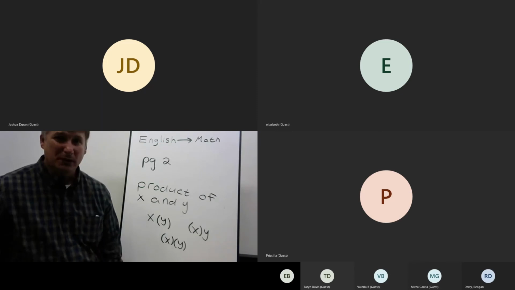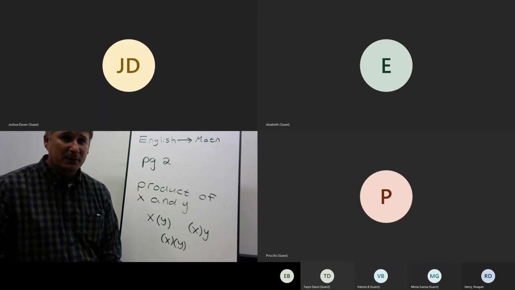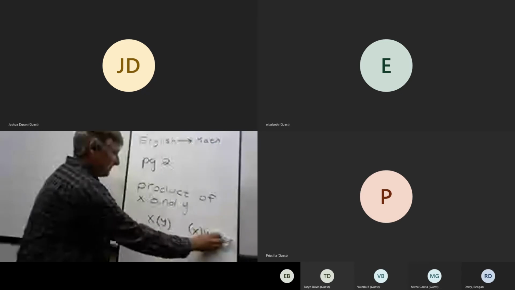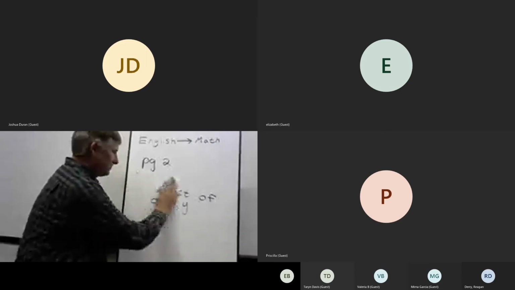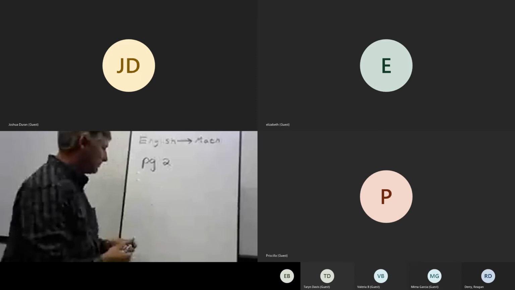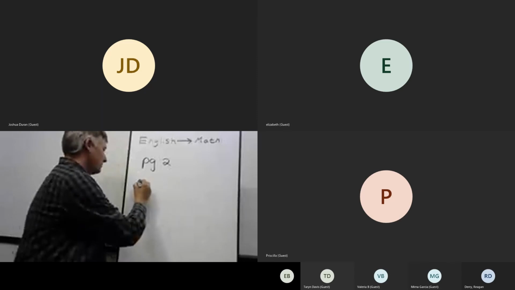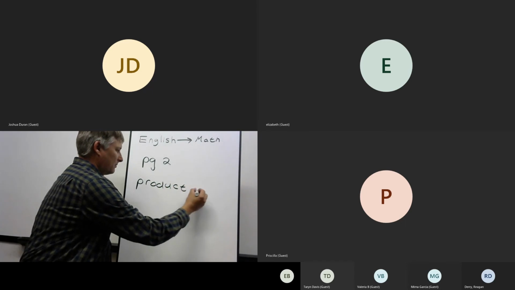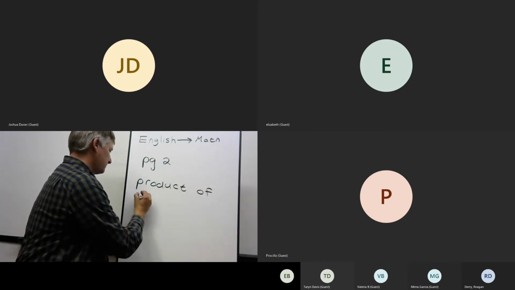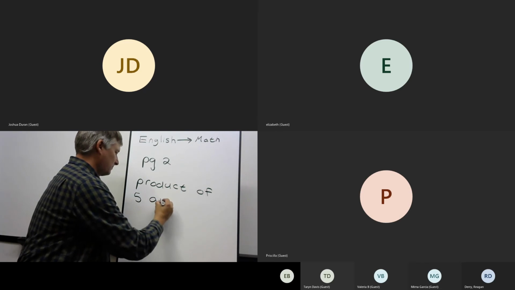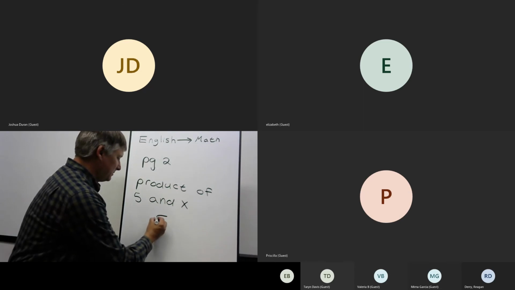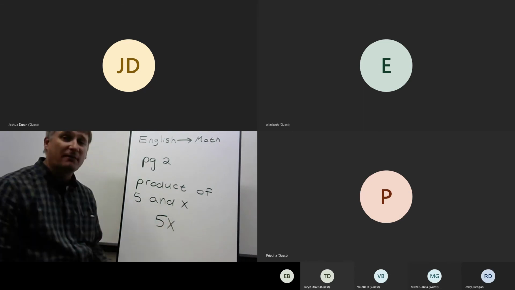And this is one of those things we're going to run into. Most commonly, though, we're going to have numbers multiply the variables, like 5 and x. So if we multiply 5 and x, what you're going to get is 5x.